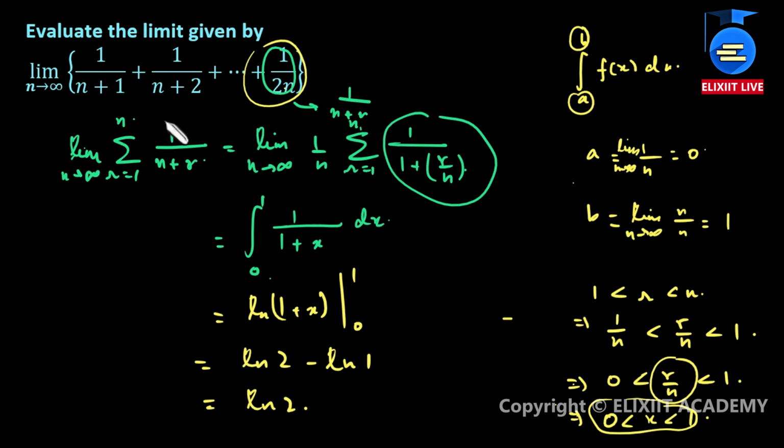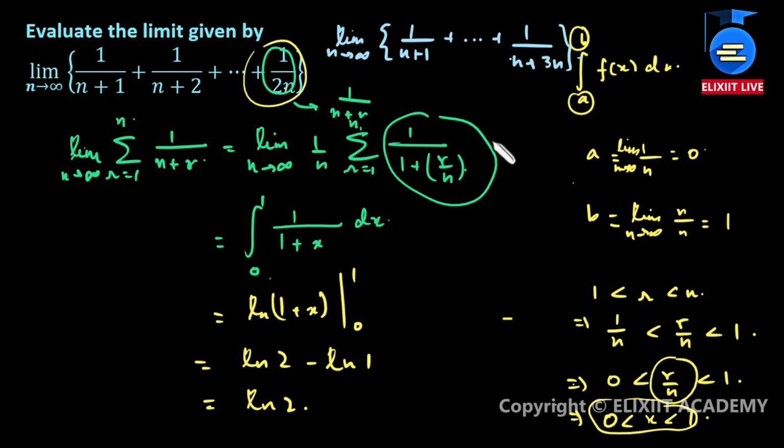For example, if the sigma goes in this manner, we have limit n tends to infinity of 1 by n plus 1, and so on, up to n plus 3n, since 4n is there, which means I write this as n plus 3n.